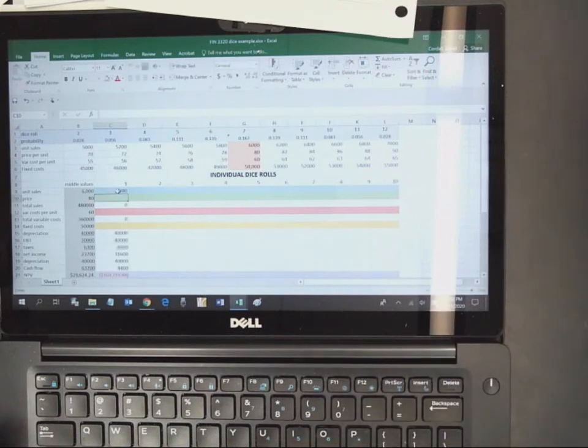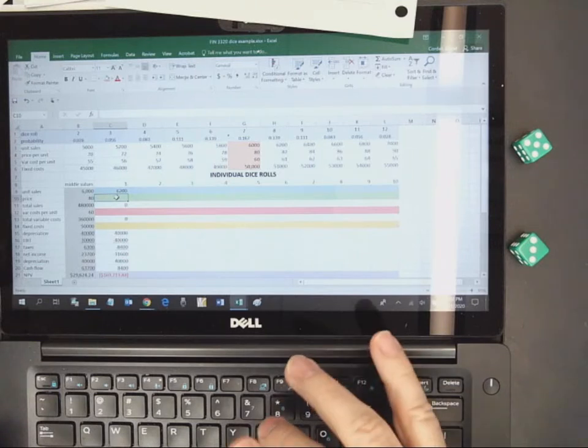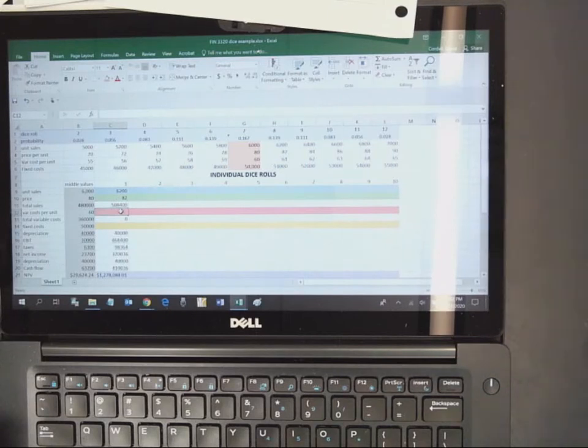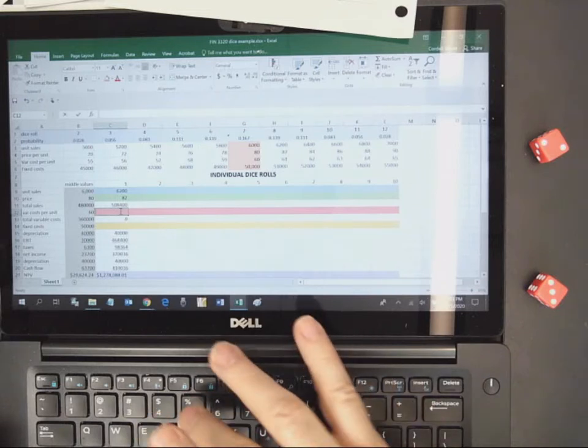Now I'm going to roll for price. And price comes up as another 8. For price, an 8 would be $82. So far, this is good for me: bigger than average unit sales and larger than average price. Now I'm going to go to variable cost per unit. It'd be nice if that were low, but we'll see. A 5 for variable cost per unit is 58, so I'm going to put a 58 in here.